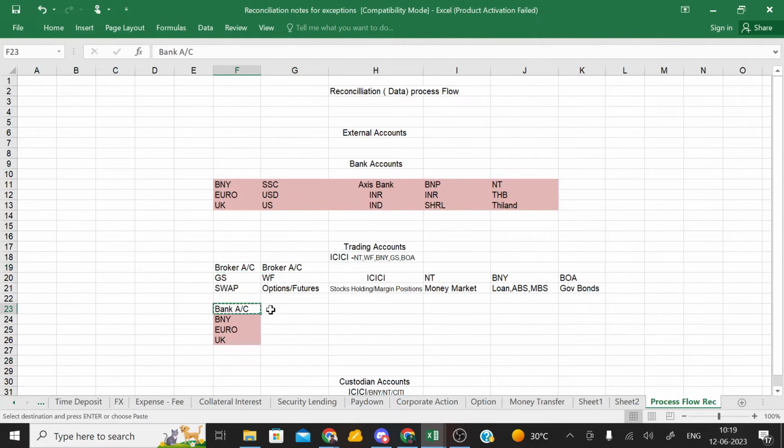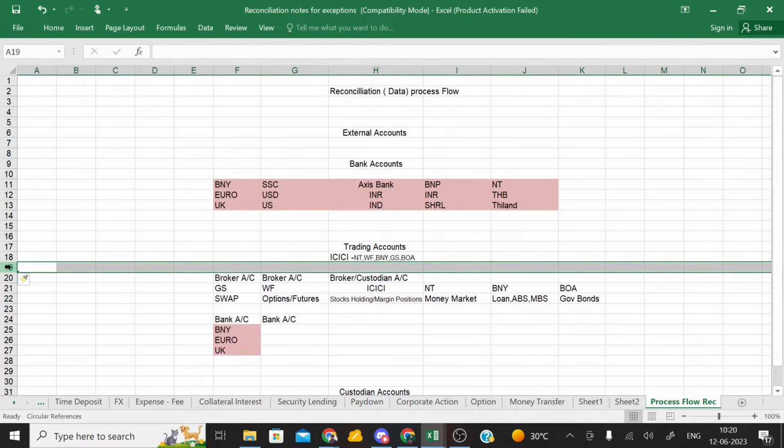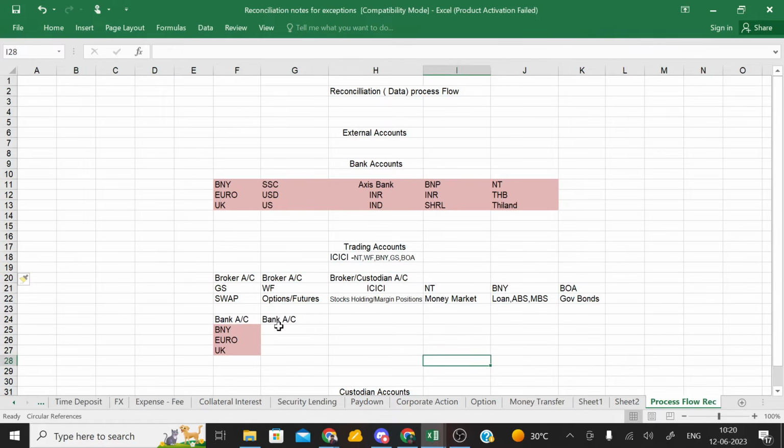Same for here, same for here. Broker and custodian, custodian account, and bank account.